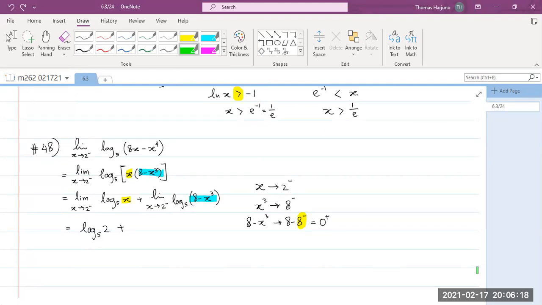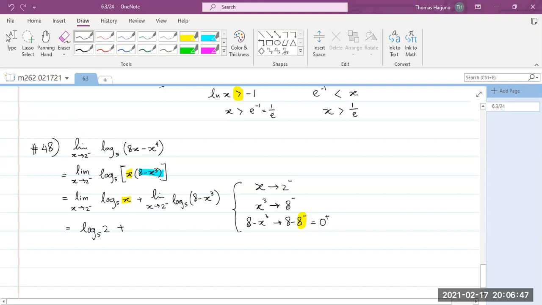Cannot even be 0. So when it says x is approaching 2 from the left-hand side, of course, visually we try to plug that in first. What happened when x equals 2? The argument becomes 0. Oh no, I cannot do it that way. I have to go slower. Then I said, instead of just plugging x equals 2, let me take a look at what happens in the limit condition.